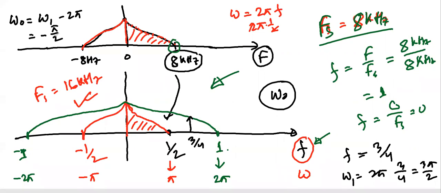Can you place it somewhere else? This is the point at minus pi by 2. This is 0 and this is pi. So the pi by 2 should be in between, isn't it? At this point.